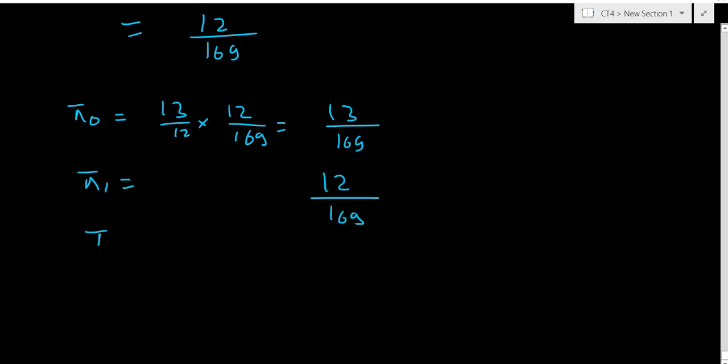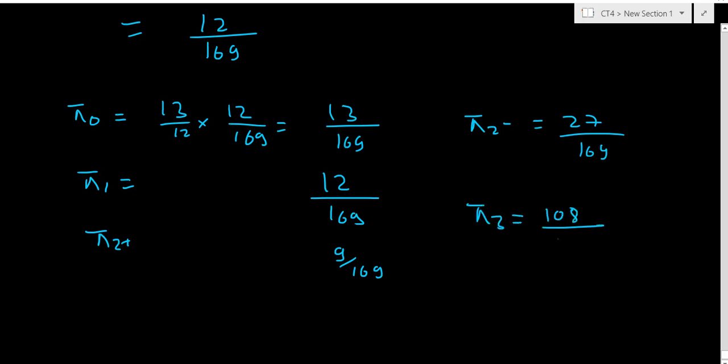Pi 2 plus would be equal to 9 upon 169. Pi 2 minus would be equal to 27 upon 169. And finally my value for pi 3 would be equal to 108 divided by 169.